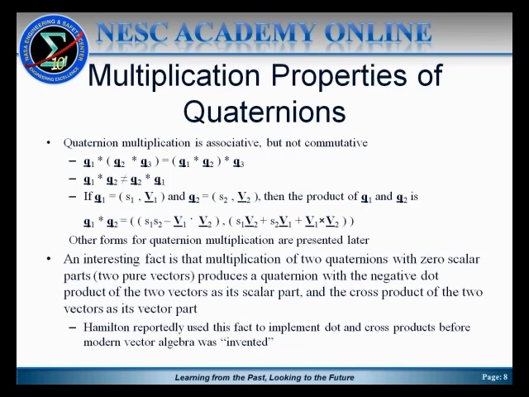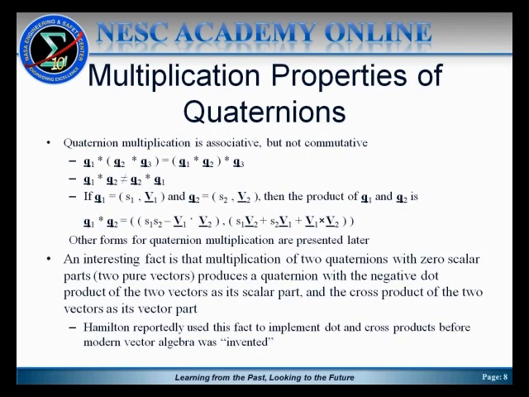Then the vector part of the product is the scalar part of quaternion 1 times the vector part of quaternion 2, plus the scalar part of quaternion 2 times the vector part of quaternion 1, plus the cross product of the two vector parts. And we'll present some other forms later that make it a little bit easier to do these calculations. That primarily can be written as a matrix vector product, which makes the manipulations a little bit easier.